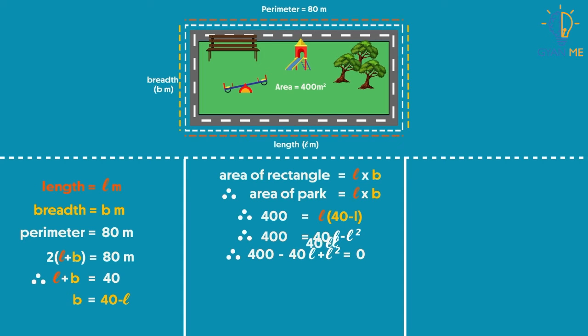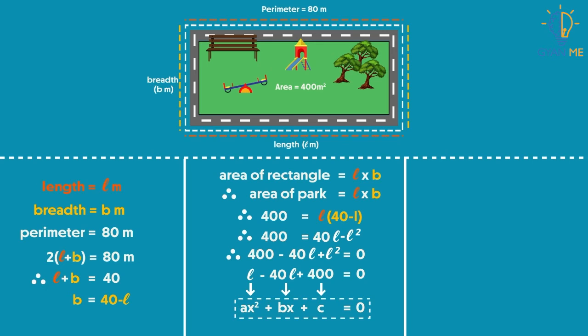Now students, shift 40L minus L square to the other side and we get the equation L square minus 40L plus 400 equal to 0. Compare with ax square plus bx plus c equal to 0, which is the standard form of quadratic equation, and we get a as 1, b as minus 40 and c as plus 400.